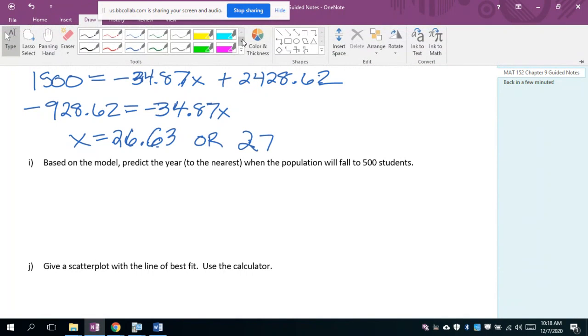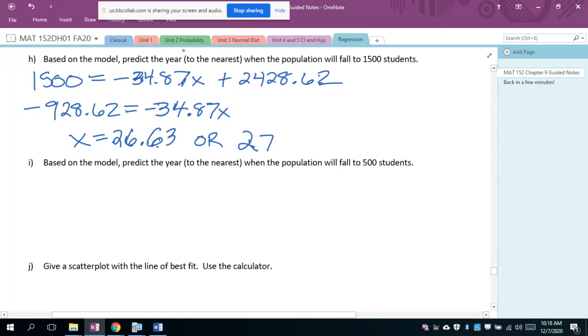Now, this would be the year 2027 when this is supposed to happen. So yeah, 2027 for that one.